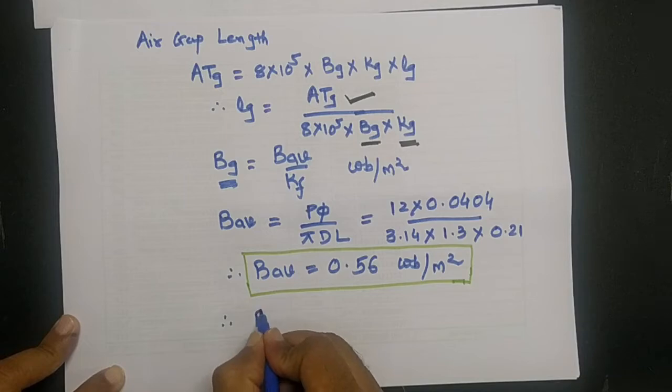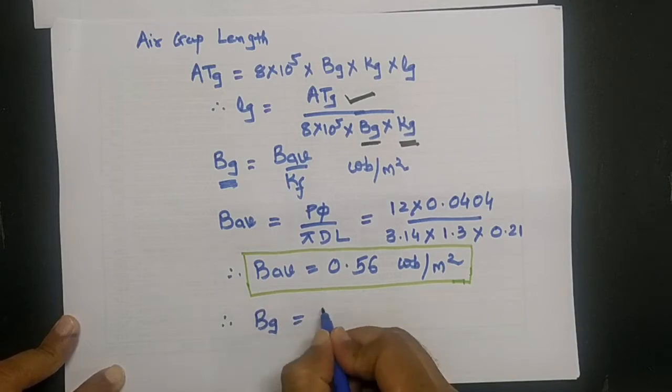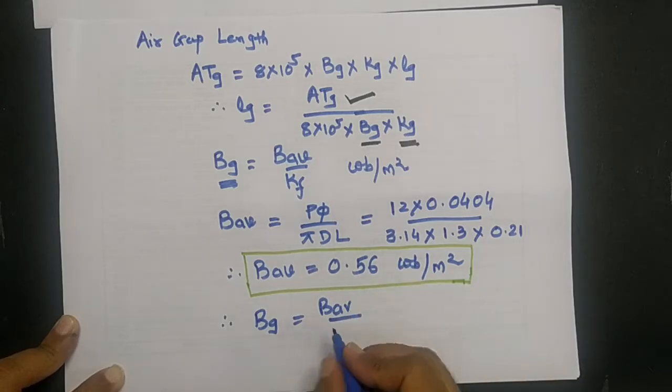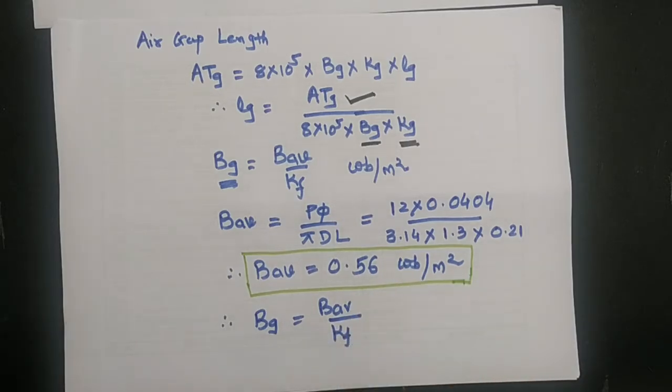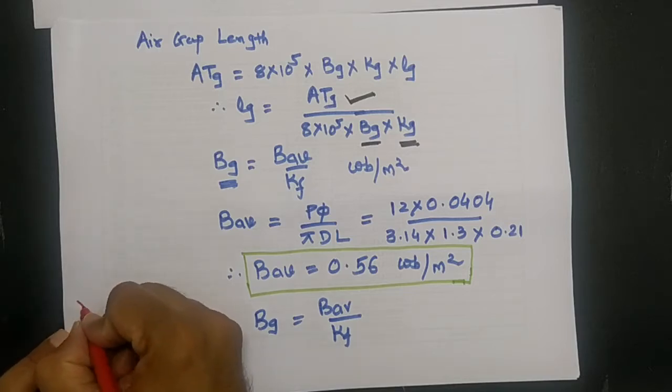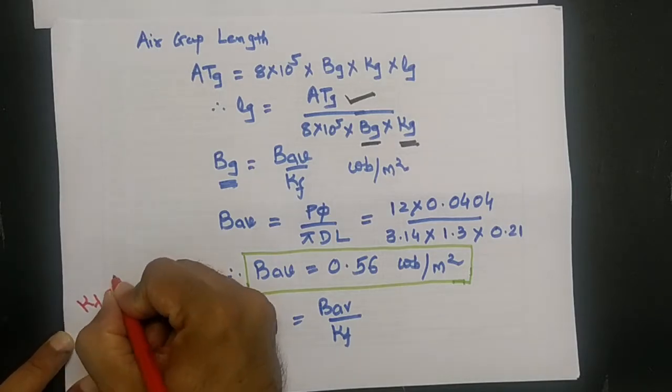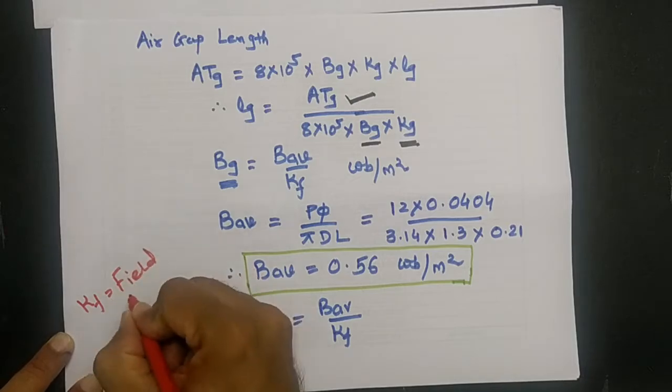Therefore Bg equals Bav divided by Kf, where Kf is the field form factor, and if it is not given we can assume a suitable value.